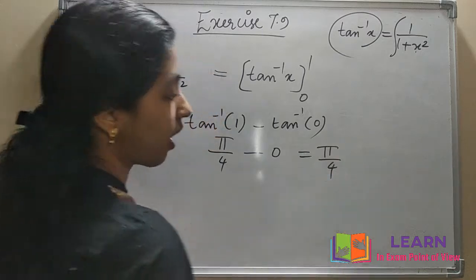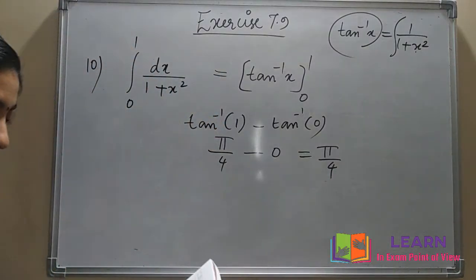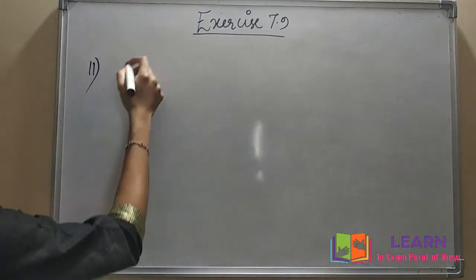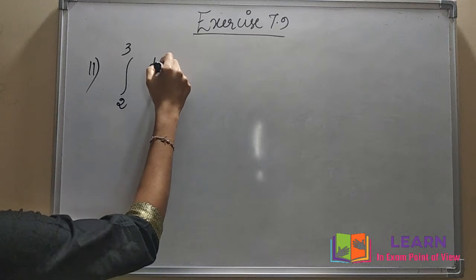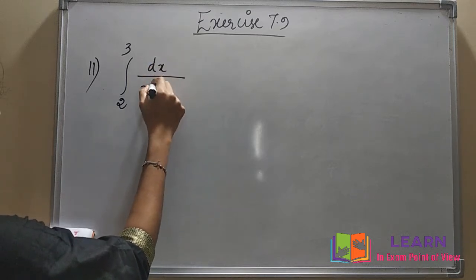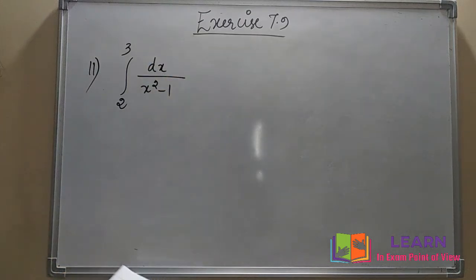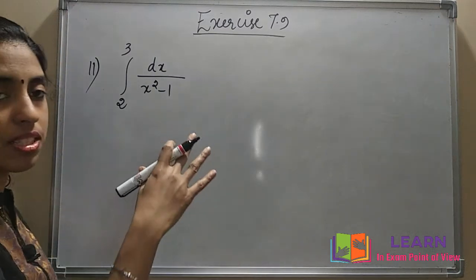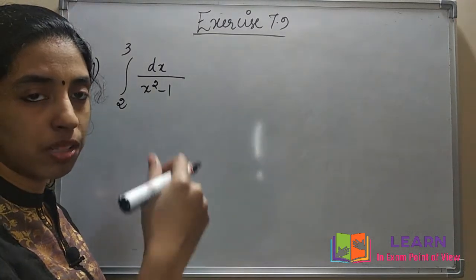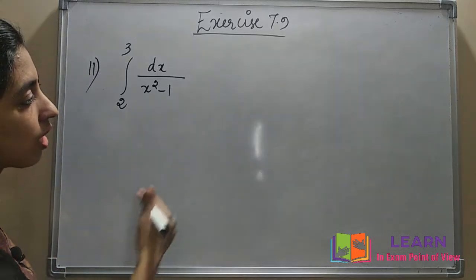It's easy, okay. Next, 11th one. It is integral 2 to 3 dx by x square minus 1. Which formula is this integral? We have studied the 1 by x square minus a square form.